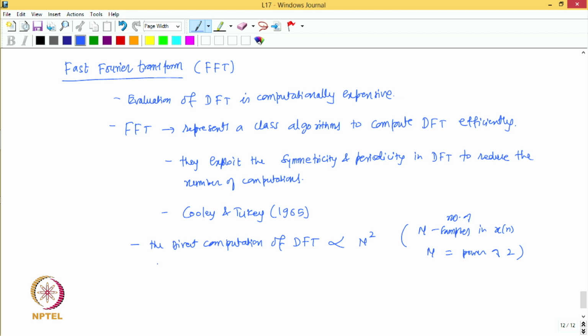With FFT, the computation of the DFT is proportional to N log 2 N, which is substantially less than N square, and that is why FFT algorithms are computationally efficient. That is why modern signal analyzers mostly use FFT algorithms to compute the DFT, which also helps compute the DFT in real time.